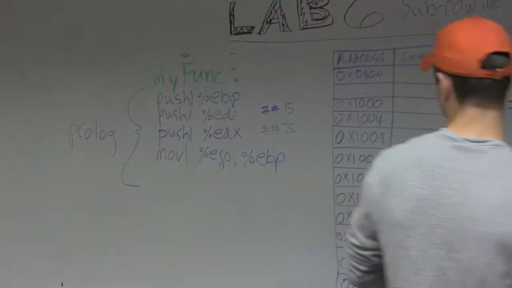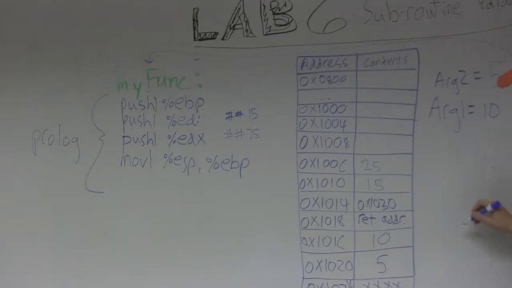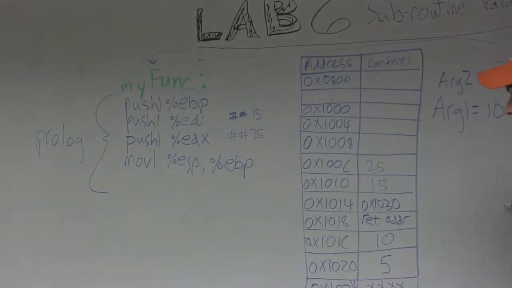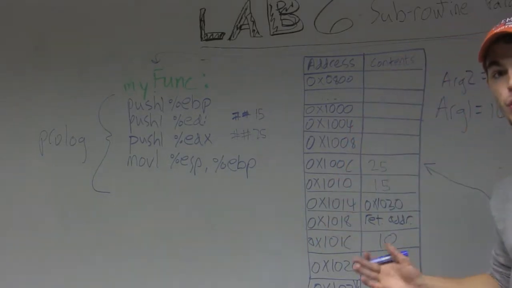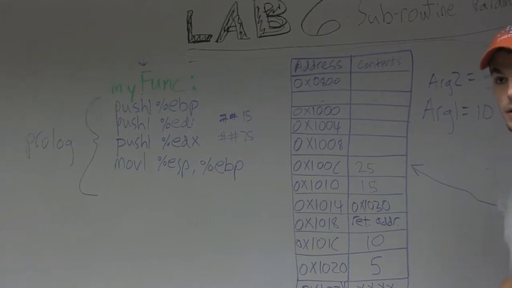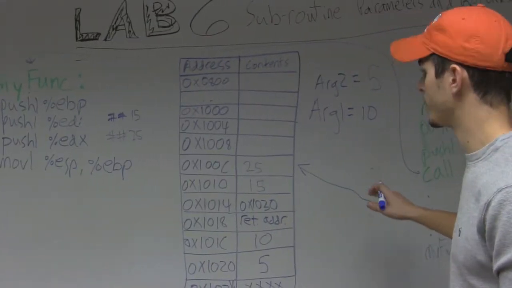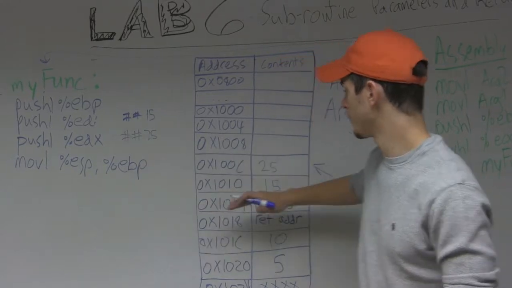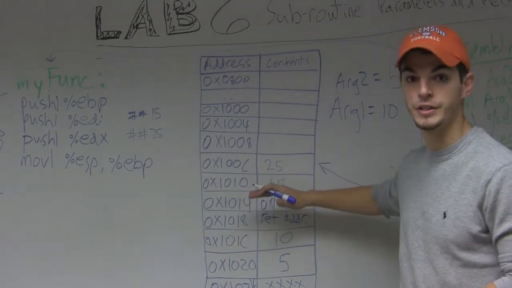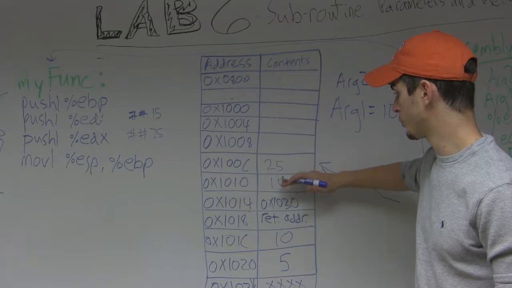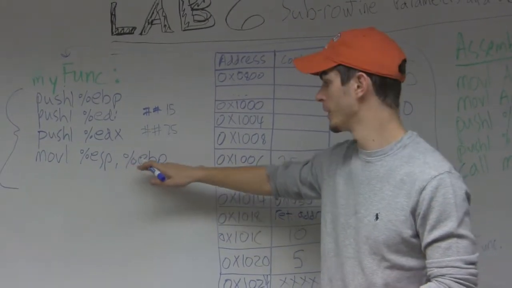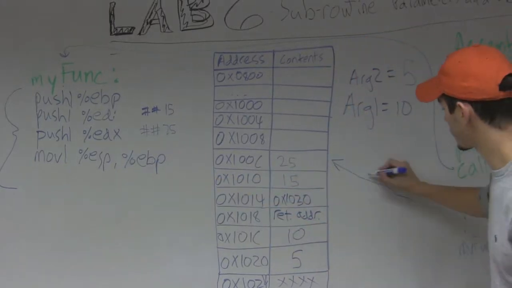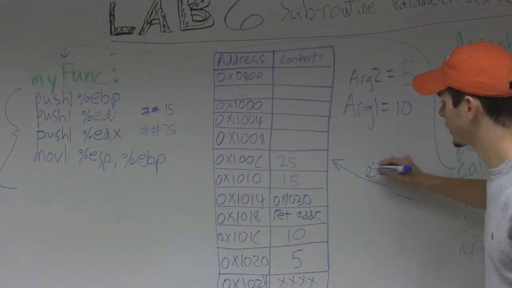So at this point, say EBP is now pointing at the top of where we are at, because the stack pointer is decremented with each push. So now, by moving the location that the stack pointer points to into the base pointer, the base pointer is pointing right here.